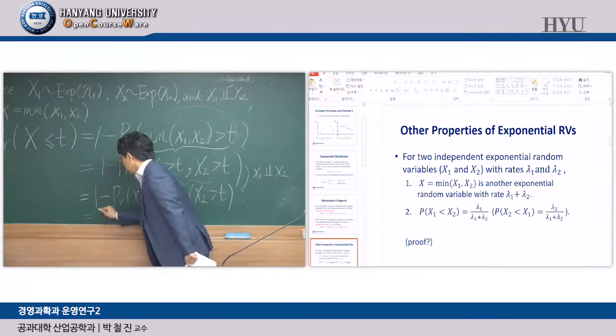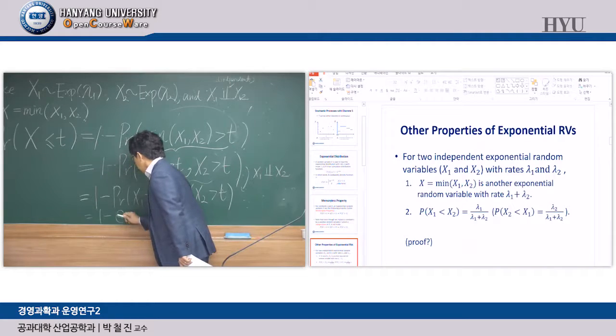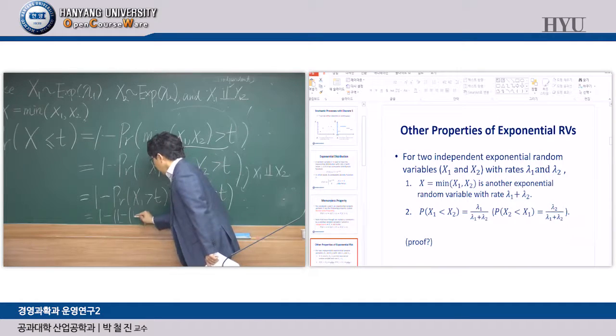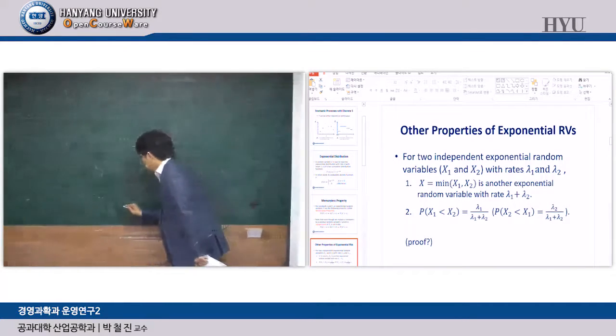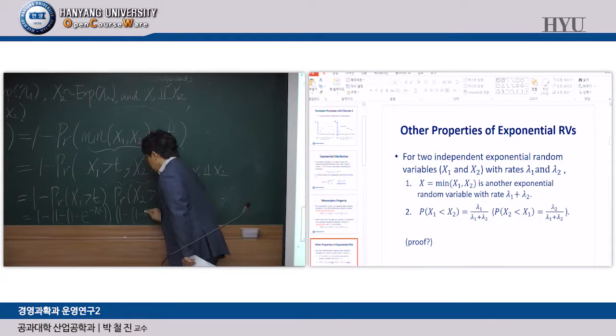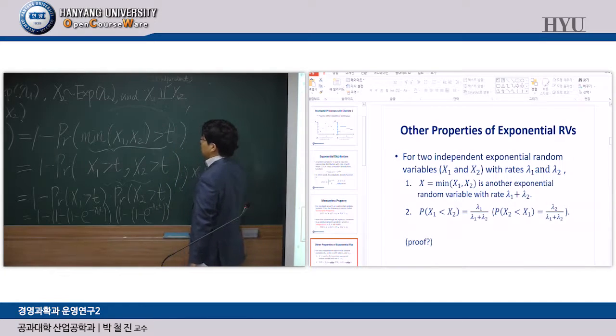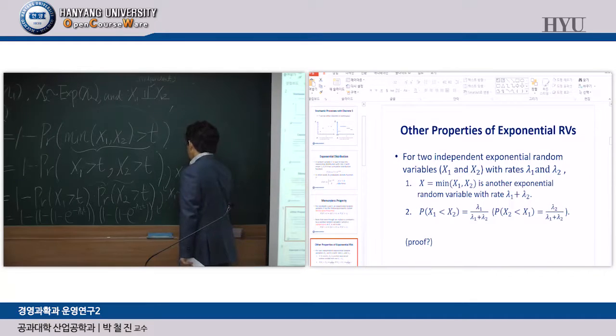So this one is the same as 1 minus e to the negative lambda 1 t, right? And this one is 1 minus e to the negative lambda 2 t, right? So as a result, because X1 follows exponential lambda 1 and X2 follows exponential lambda 2.